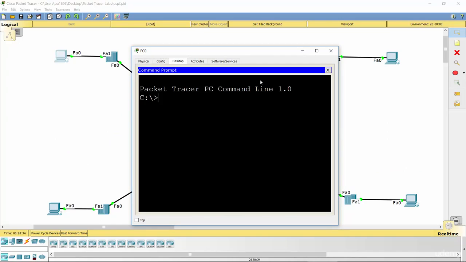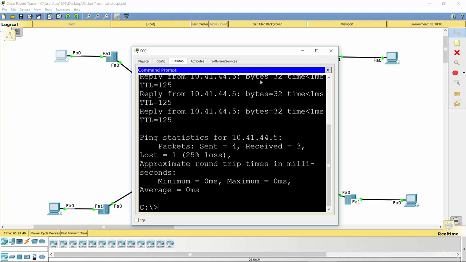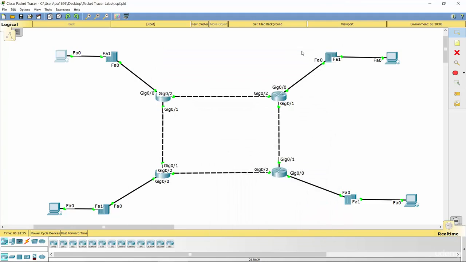I'm going to the command prompt and typing ping with the IP address of PC4. Let's see what's going on. Alright, I got the reply, and that means my OSPF configuration is working properly right now, and I can go to the second step.